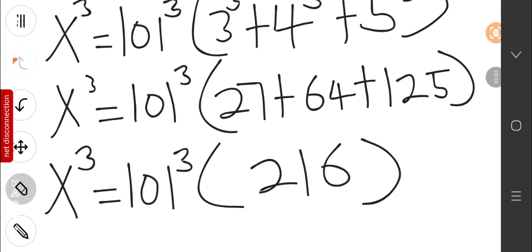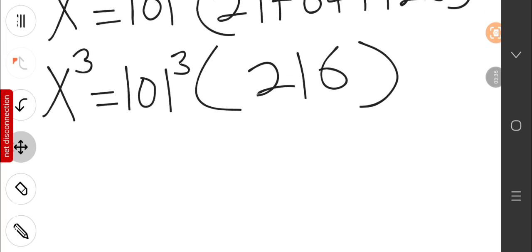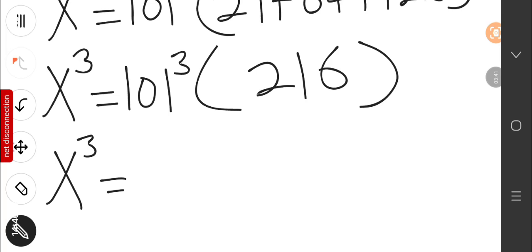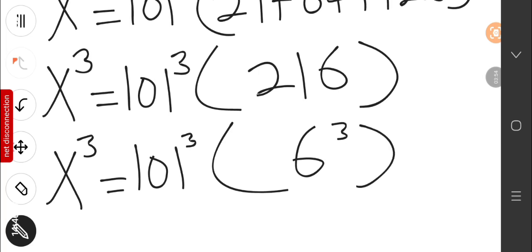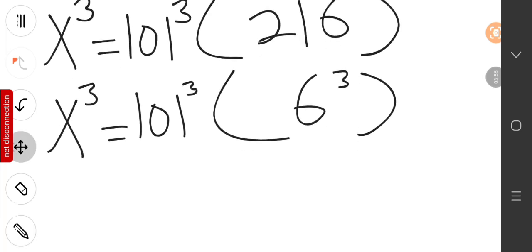Okay, all right, now let's proceed. We are going to have s cubed equals 101 cubed. Now 216 is the same as 6 exponent 3, that is 6 times 6 times 6.